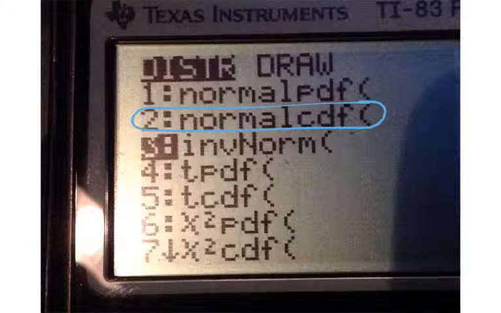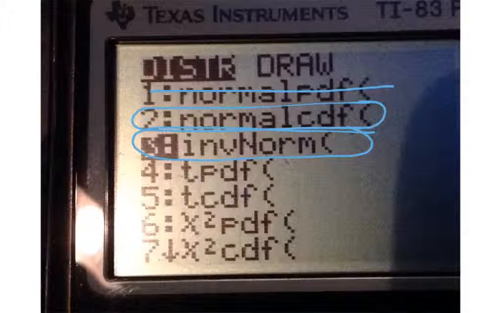We'll never do normal PDF, because we're not going to find probabilities at a set value or set point. We're going to do cumulative, like percent rank values, and that's where normal CDF comes in. If we know the percentage and want to know the score to get there, that's why we do inverse norm. So let's get to the problems.